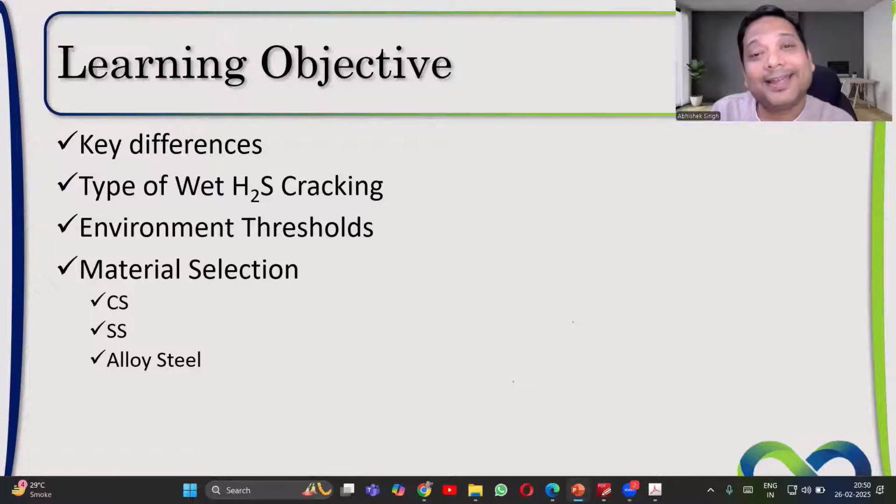Like if we talk about uses of carbon steel, there is no upper limit given for the partial pressure of H2S. If I talk about the minimum, I think you'll be able to give that.